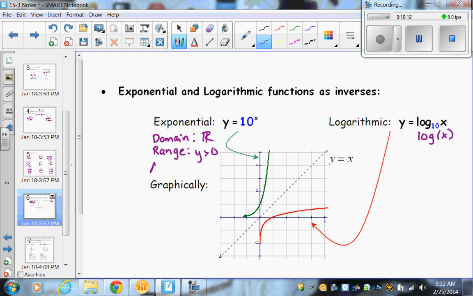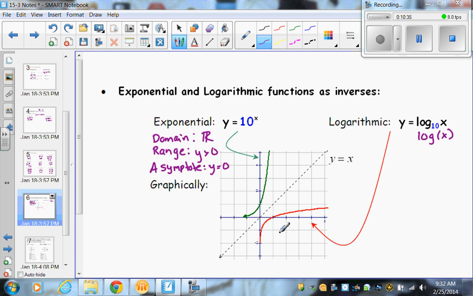We also have what we call an asymptote. Because this never crosses the x-axis, the imaginary line that it can't ever cross is what we call our asymptote. So in this case, it's going to be y equals 0.